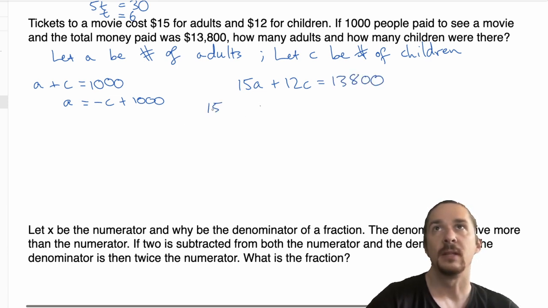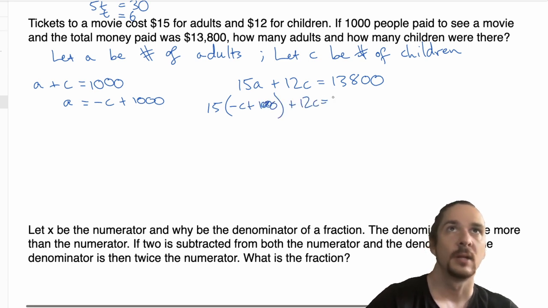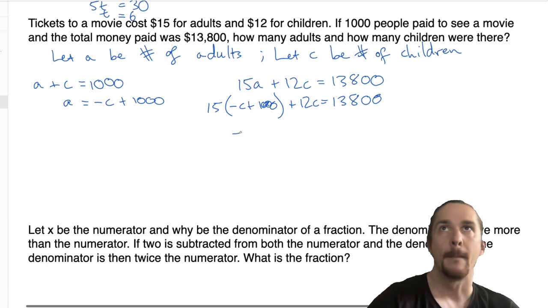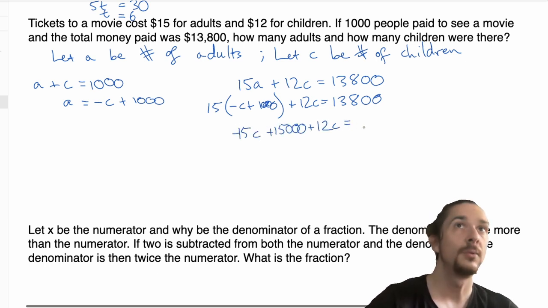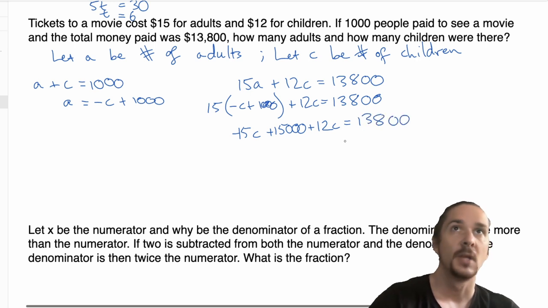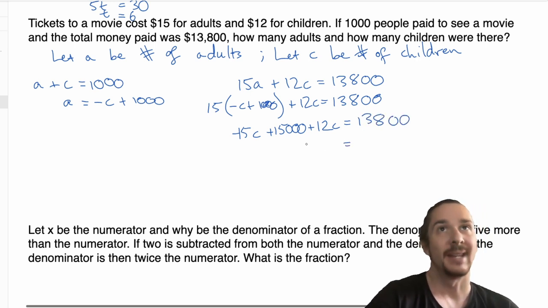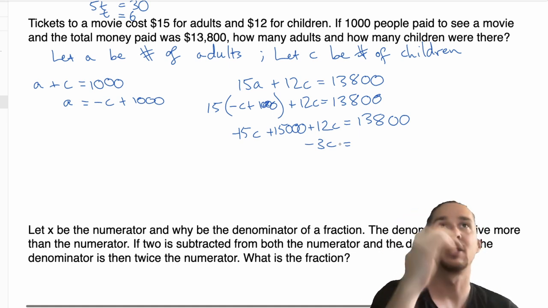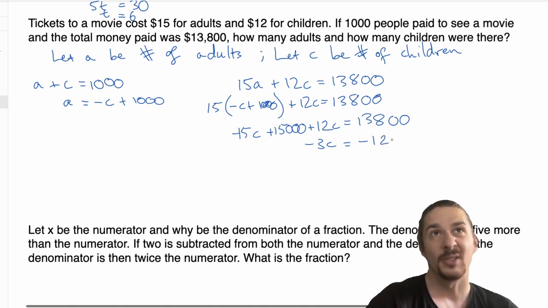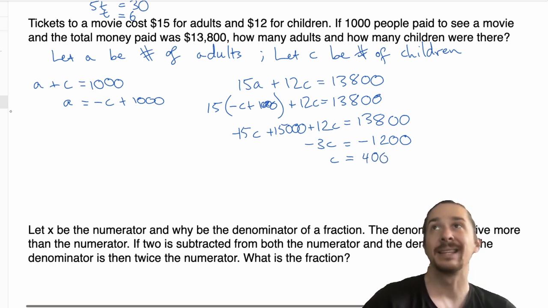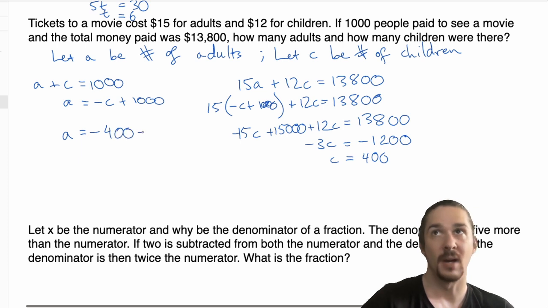So 15 times negative C plus 1,000 plus 12C equals 13,800, which means minus 15C plus 15,000 plus 12C equals 13,800, which means we're going to have negative 3C here, and then I'm going to subtract 15,000 from both sides, which is going to give us negative 1,200 over here, and that's going to tell us that C is equal to 400. There are 400 children, and since there are 1,000 people in total, the number of adults is going to be 1,000 minus 400, or in other words, 600 adults.